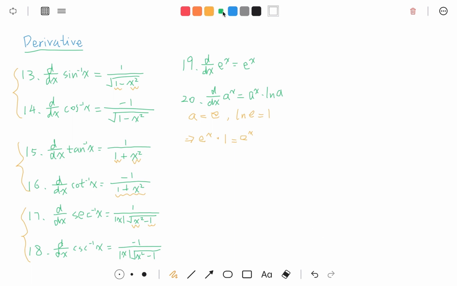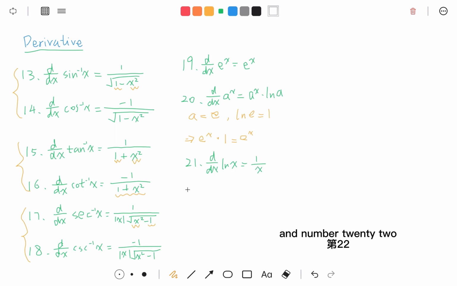Number 21, d/dx ln x is equal to 1 over x.